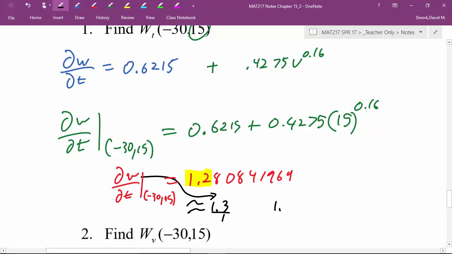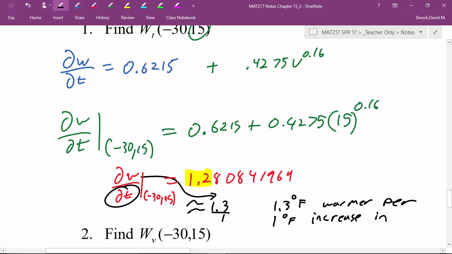So therefore it feels 1.3 degrees Fahrenheit warmer per, now my denominator is 1 degree Fahrenheit. That's the temperature, right? So 1 degree Fahrenheit increase in air temperature, right?